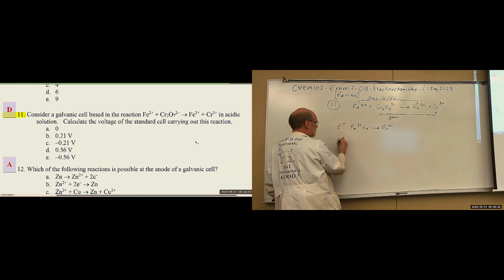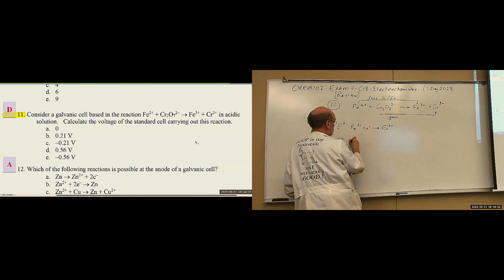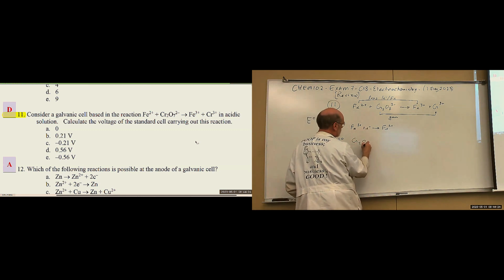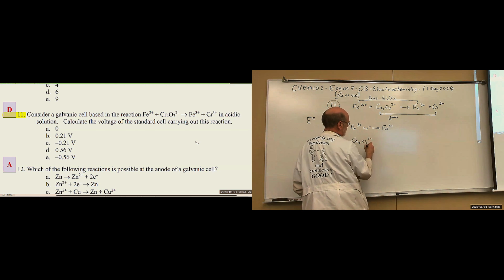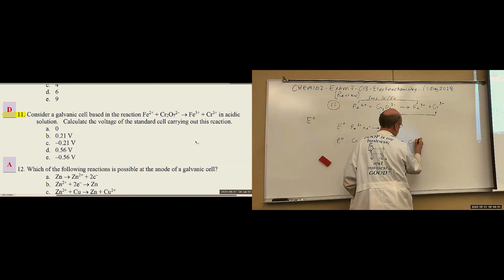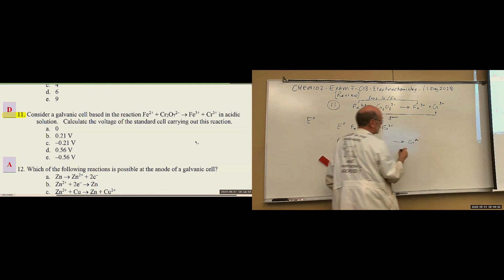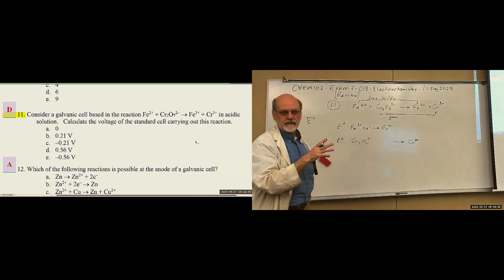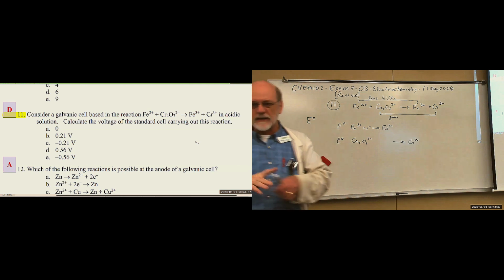And then the other one is going to be a gain. So it's going to be Cr2O7 2 minus going to Cr3 plus, but it's in acidic solution, so that may make a difference in the value we look up.